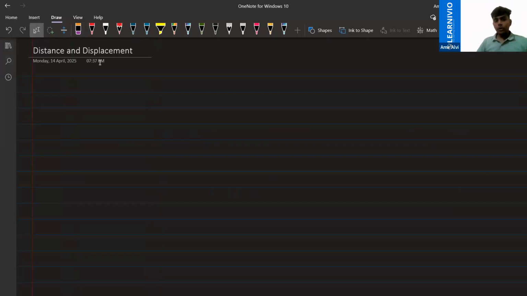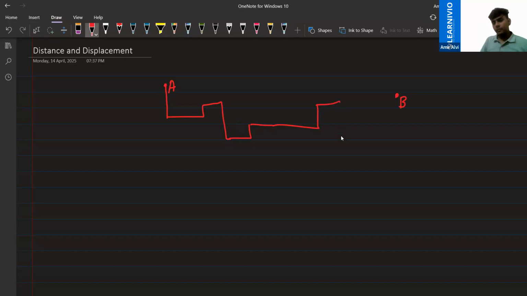Now if we talk about distance and displacement, let's take an example. Suppose this is A and this is B. If you want to go to point B, this is the path, like this. You will follow this path, yes or no, everyone?